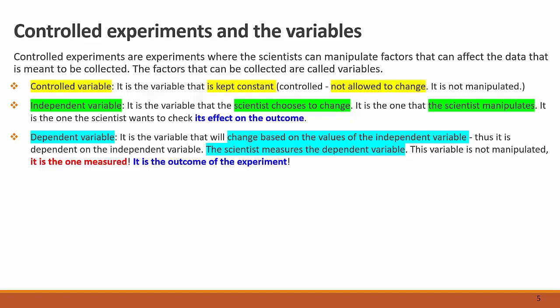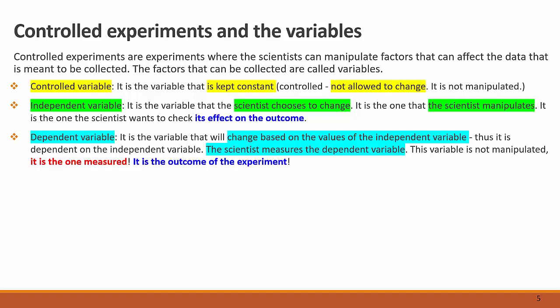The other controlled variable can be the type of soil used. If we use different soils, we might get different outcomes. The size of the pot used, because the size of pot can affect the amount of evaporation of water and can be a factor that affects the outcome. So we can control that.